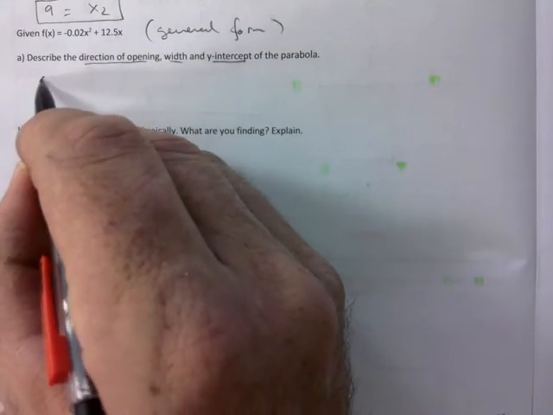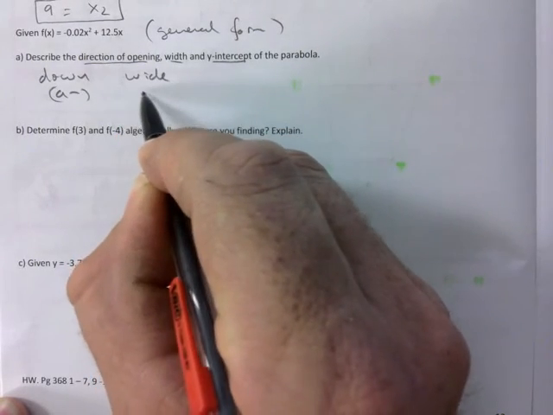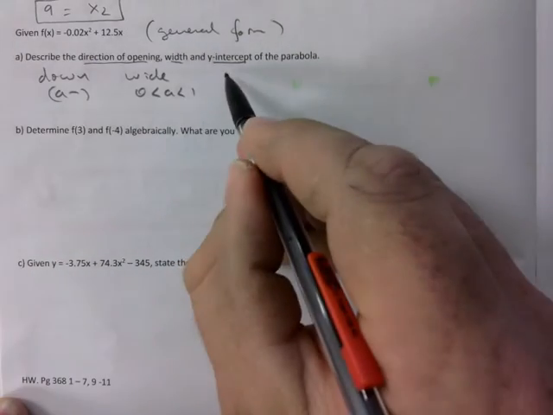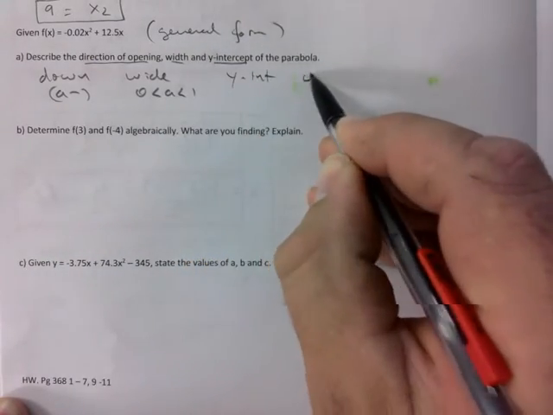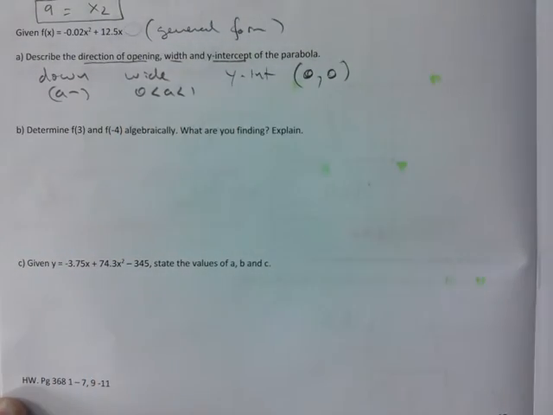Well, it's going to go down because a is negative. This you already know. It's going to be wide because a is between 0 and 1. And what's the y-intercept? 0. There's a 0 here as a constant, right? So 0, 0 is the y-intercept.